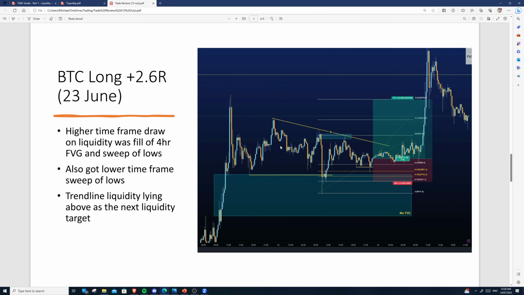This is a Bitcoin long setup. Same thing as before: the draw on liquidity is a sweep of the lows and also filling in a 4-hour fair value gap. Following that, you can look for a break of structure, or you can look for a second sweep on lower time frames and look for the next liquidity target, which is right above, based on that trend line.